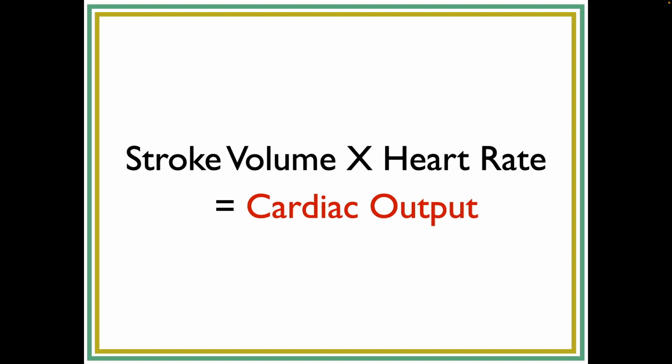And Spencer, what is heart rate? The number of times the heart contracts in 1 minute. Stroke volume is how much goes out with each contraction. That's cardiac output, the amount of blood being pumped out in 1 minute.